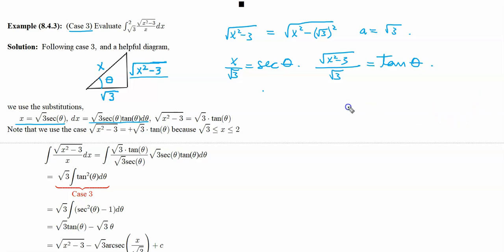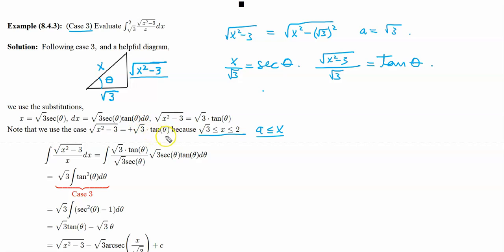All right. So, also notice that since we're evaluating a definite integral from root 3 to 2, the x varies from the square root of 3 up to 2. In other words, x is bigger than the a term, that means that we want to set the square root of x squared minus 3 to equal positive square root of 3 tangent theta.